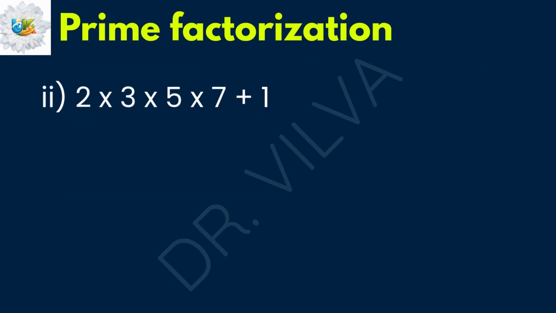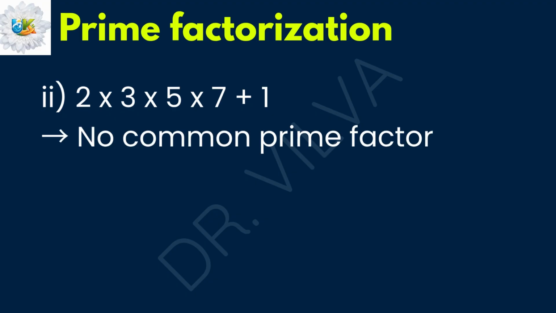Now, let us look at the second one: is 2 times 3 times 5 times 7 plus 1 a composite number? If you try the factorizing trick here, it won't work because there is no common factor between the first part and the number 1.